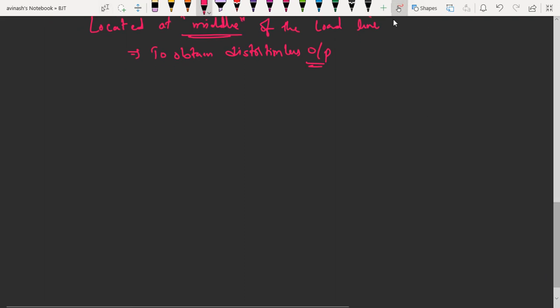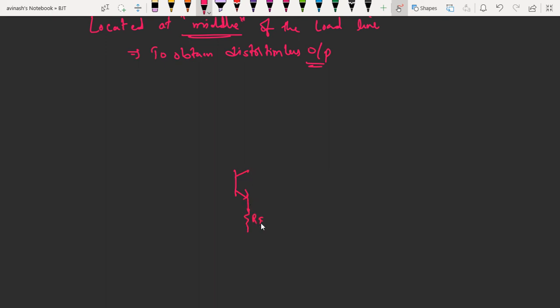So the example will go like this. Transistor with emitter resistance, transistor with the collector resistance. Okay, having a divider circuit here. Let us apply the self-bias circuit only.